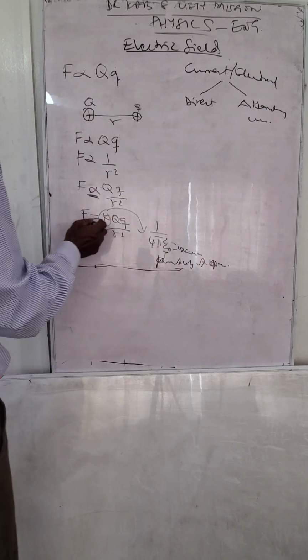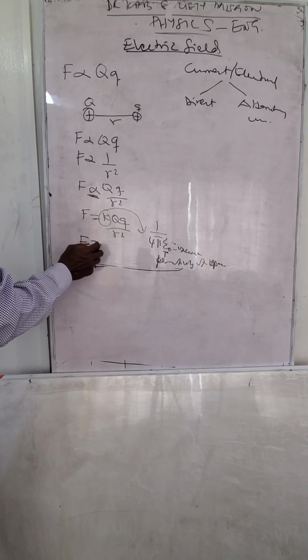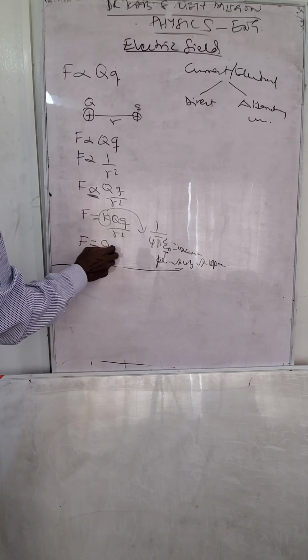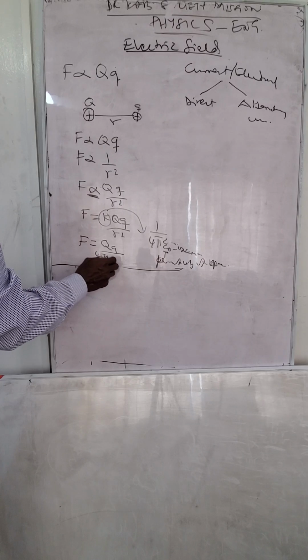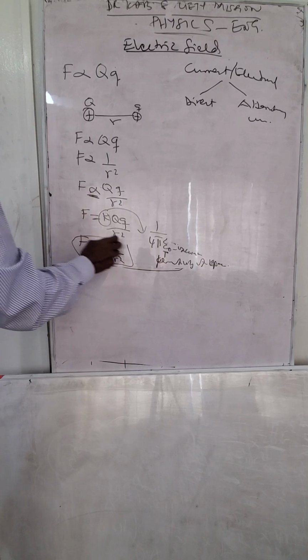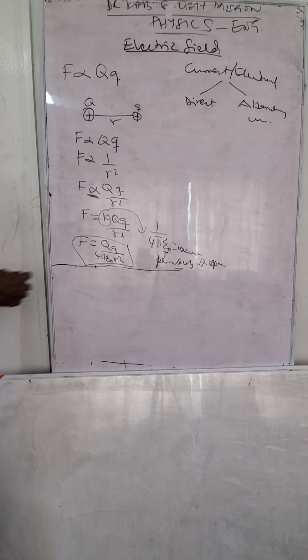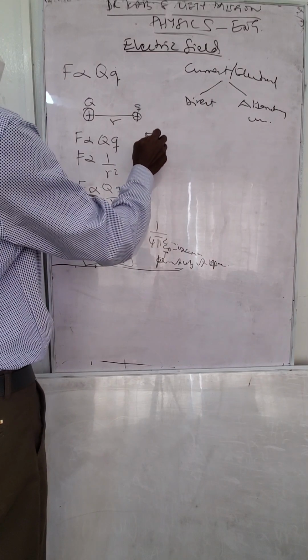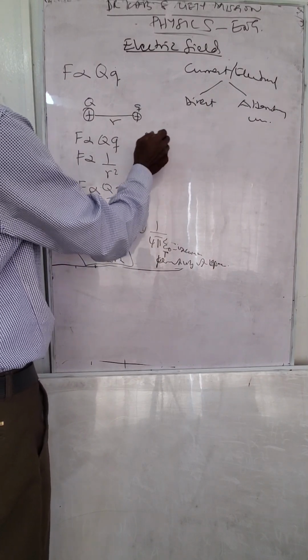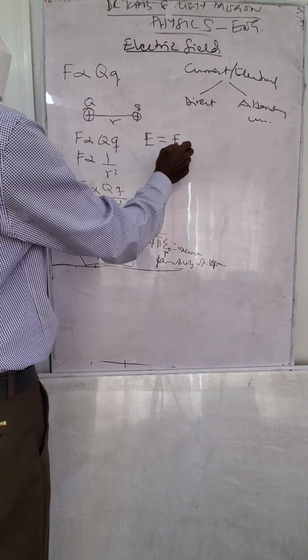Right, so if you put that in the equation, then you're going to get Q over 4 pi epsilon naught R squared. This is the force. Now let's try to build up from the force. We know that the electric field intensity, denoted by E, will be equal to your force over your charge.